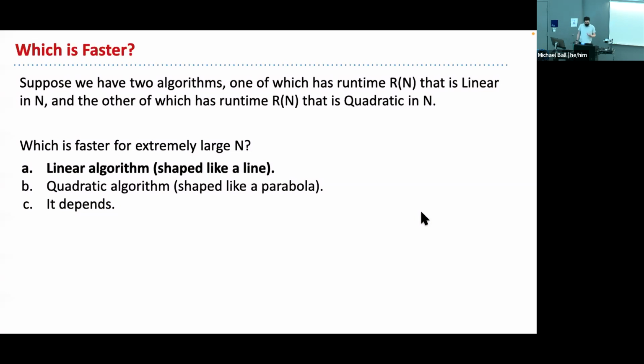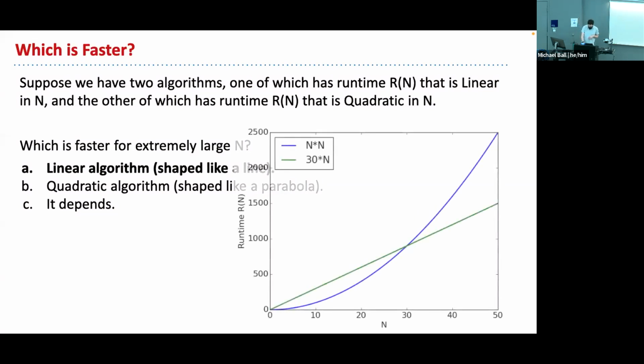Yeah, so in this case, the linear algorithm is definitely going to be faster as n gets very large. And this is why, typically, when we talk about orders of growth, what we're thinking about is that worst case performance as n gets really big.